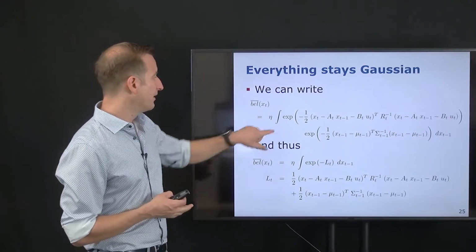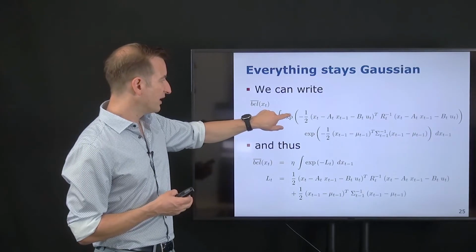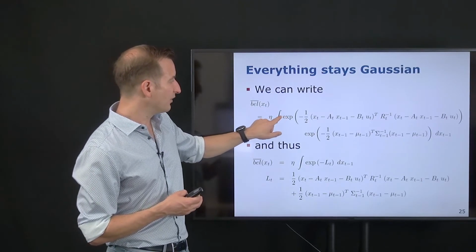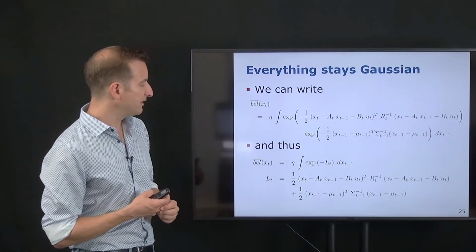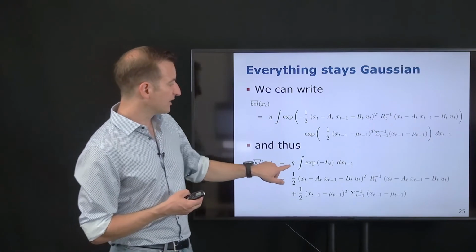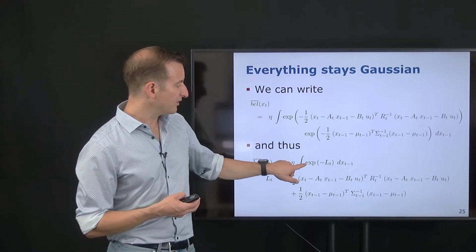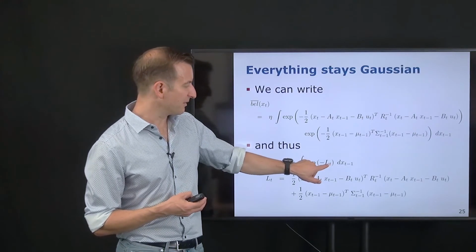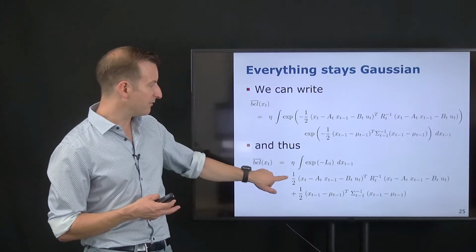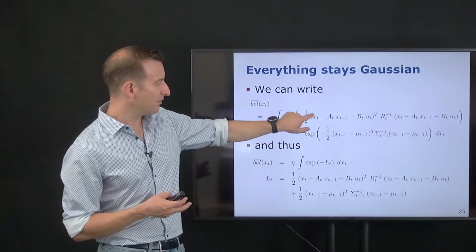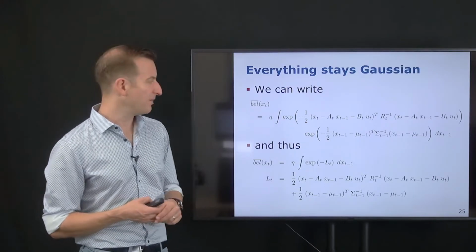So what we can do is formulate a new Gaussian distribution in here by combining these two exponential functions. So I can say this can be expressed as the exponent of some function Lt. And the question is, how do these things need to be combined? They need to combine the following way, as the sum of those two exponents over here.